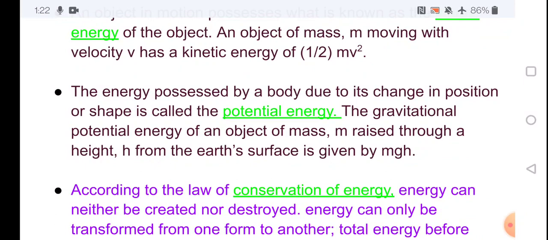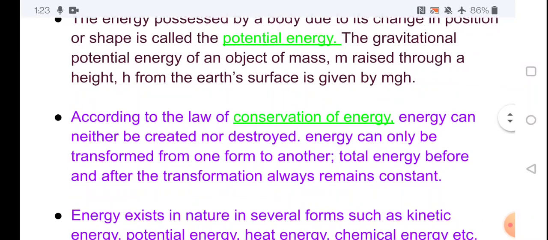The gravitational potential energy of an object of mass m raised to a height h from the earth's surface is given by mgh, where g is the gravitational acceleration, m is the mass of the object, and h is the height to which it is raised.